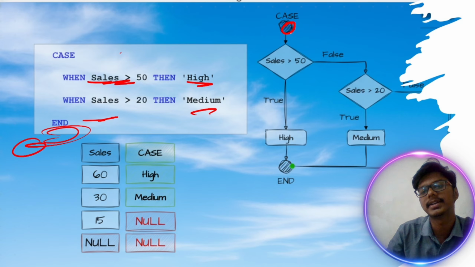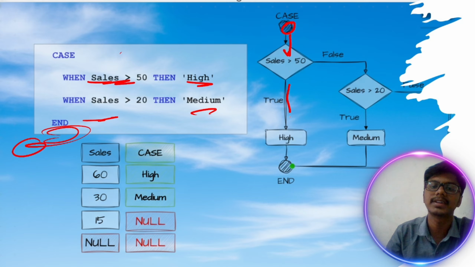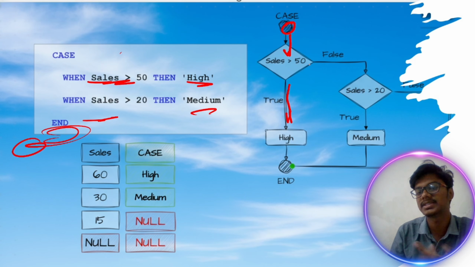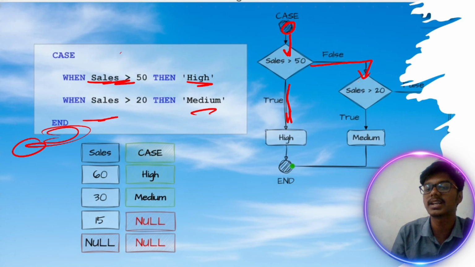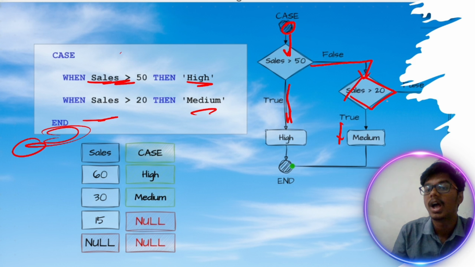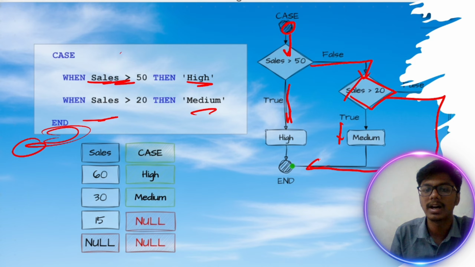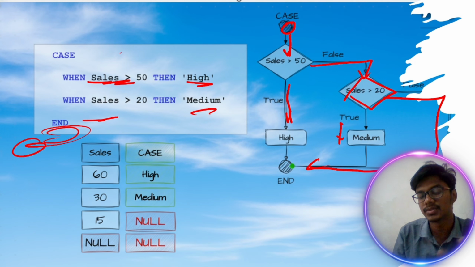When the sales is greater than 50, yes, if it is true, it is I. And if the sales is not greater than 50, the condition fails and it gets into the second condition and checks whether the sales is greater than 20. If it is true, I print it out as medium. And if the second condition is also false, it goes directly to the end of the statement. That's how the two conditions work in the flowchart of this query.